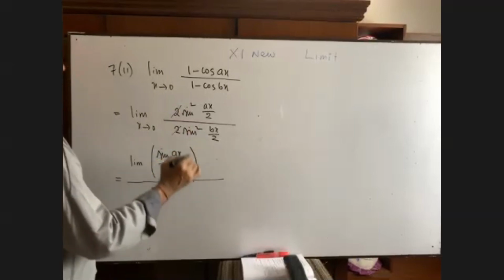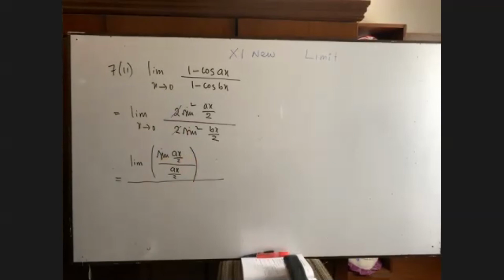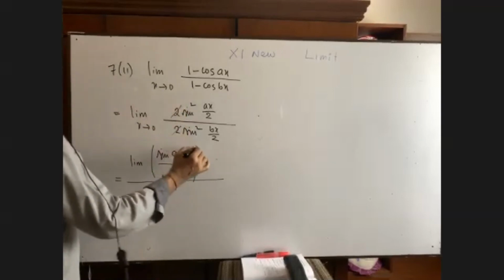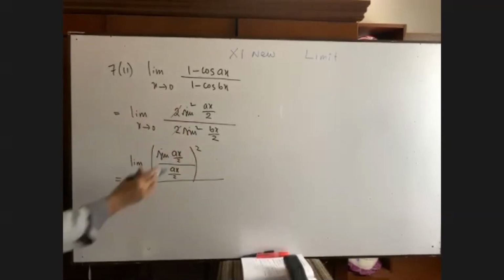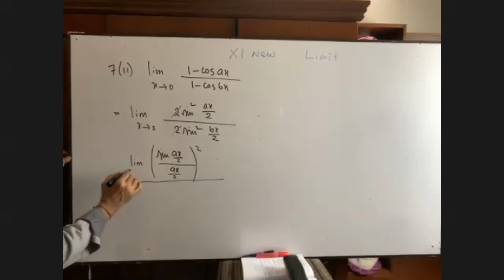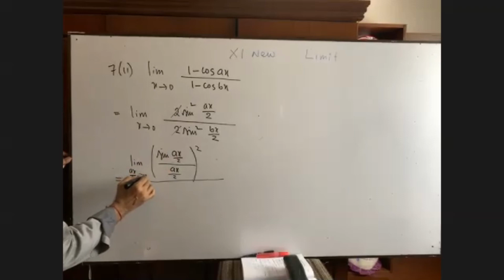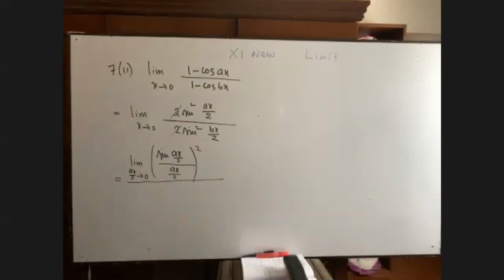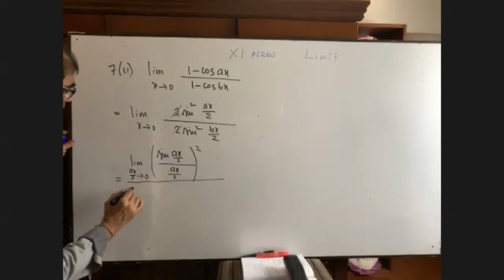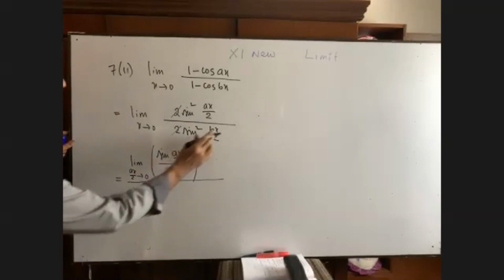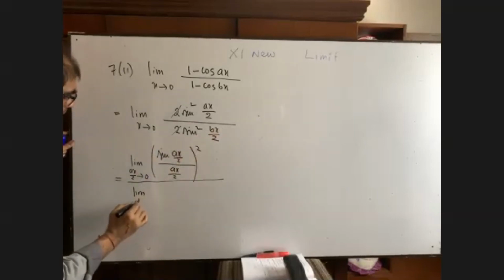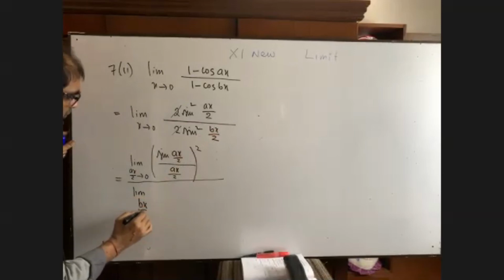Sin theta by theta, are you getting it or not? This is a square. Ax by 2 tends to 0. Okay, not a matter. You write down limit, it is bx by 2. You write down bx by 2 tends to 0.